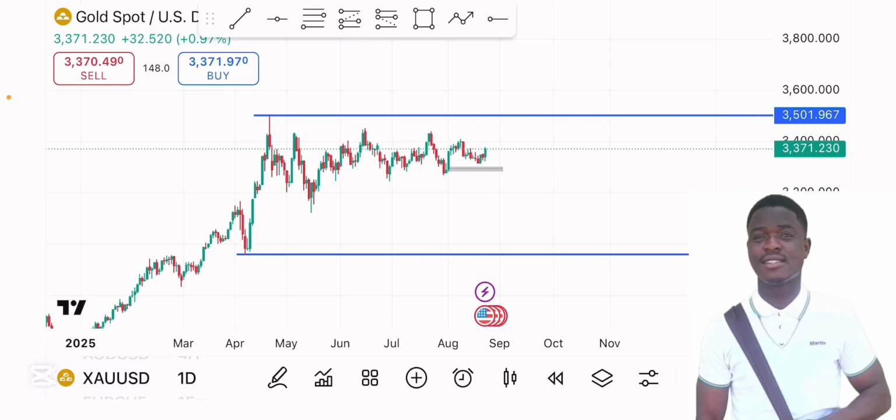In this video, I'll be using three options. The first one is the market structure, the second is the point of interest, and the last is the liquidity, the inducement. These are the three things I'll be talking about today for our weekly analysis, and I'll be very fast about it.